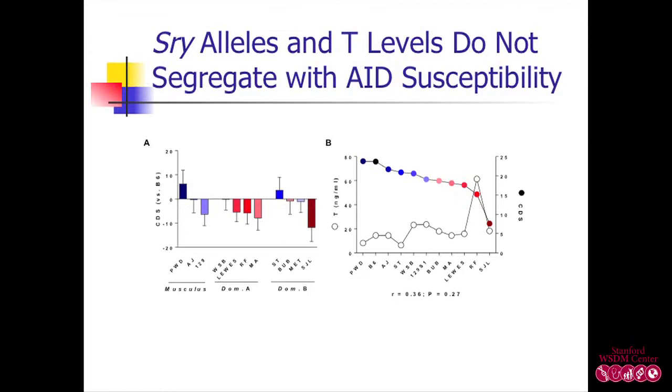In fact, the only real strain that had a significantly different testosterone level was RF. It had very high levels of testosterone, and it was borderline in terms of its cumulative disease score. So basically, we couldn't find any correlation with SRY known alleles or with testosterone levels that correlated with the effects of our Y chromosome on either EAE or myocarditis.